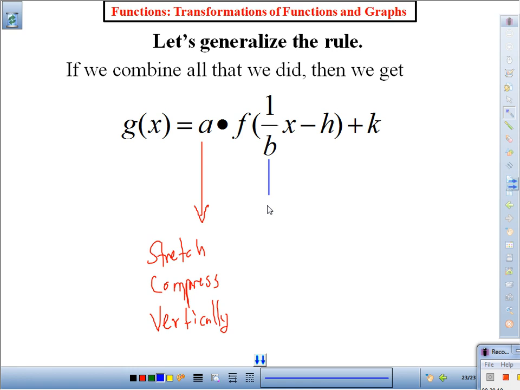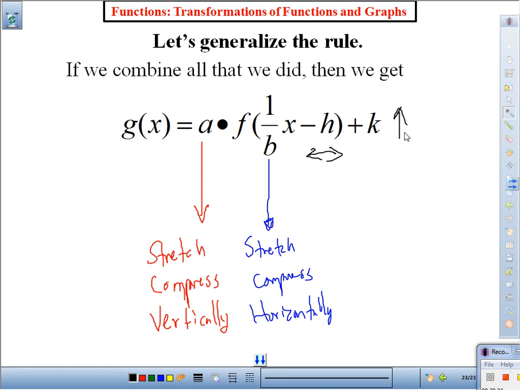Next one, B. What does it do? Stretch, compress, horizontally. All right. And of course you know what H does, right? Yes. It goes which direction? Left and right. How about K?